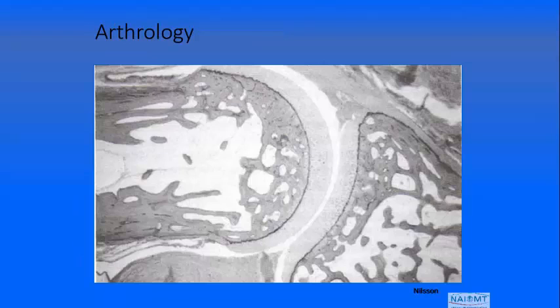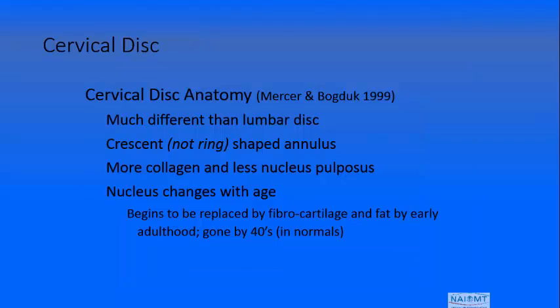Now let's talk about the joints in more detail, starting with the inner body joint and the disc. The cervical disc has always been assumed to be a smaller version of the lumbar disc. But with the relatively recent publication of Susan Mercer and Nikolai Bogduk's work in the late 90s, we found that it is much different than the lumbar disc.